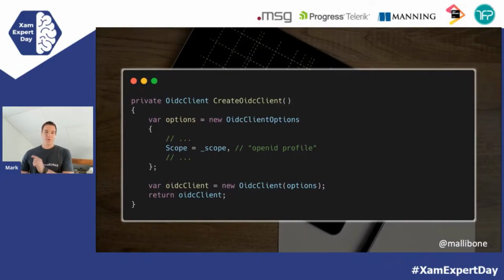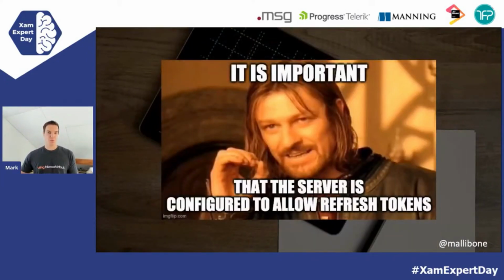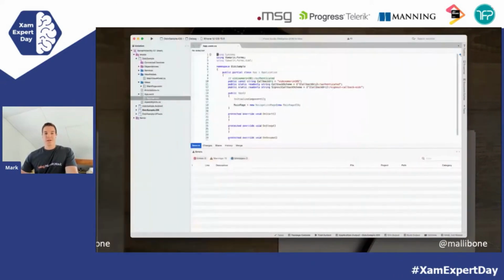These scopes have to match with the backend. But what I now could do is add offline access. And offline access means I can request a new token without the user having to request a new token every time. And just to mention it once more, because I can't tell you how many hours of my life I've lost to this thing, it's really important that the server is also configured to enable this offline access thing.